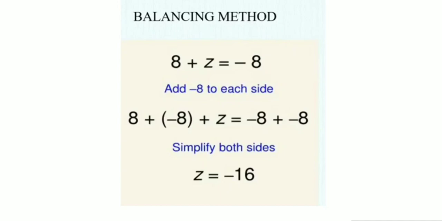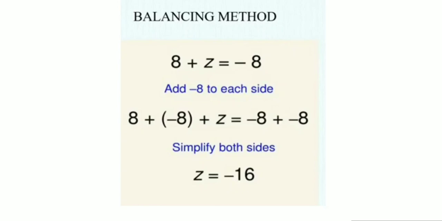Balance means whatever we are doing on the left hand side, that we will do on the right hand side also. Okay. So here both the sides we will subtract what? 8. Means both the sides we will write minus 8. So it will come 8 plus minus 8 plus z is equal to minus 8 plus minus 8.